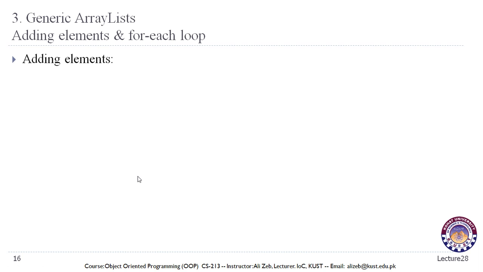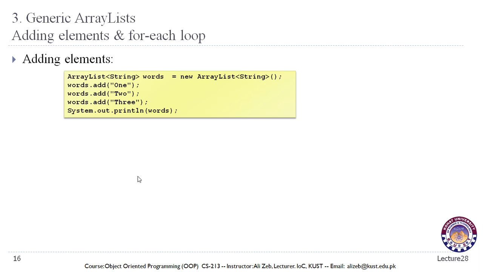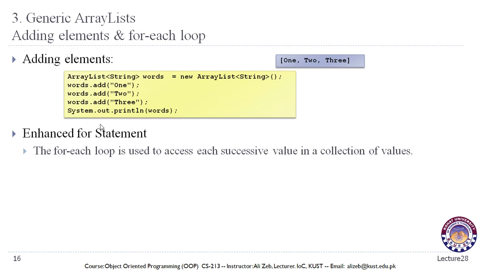Adding elements and the for each loop. We can add elements, as we saw previously, to the array list, as we can see over here, by using the add method. We can also use the enhanced for statement. The for each loop is used to access each successive value in a collection of values.